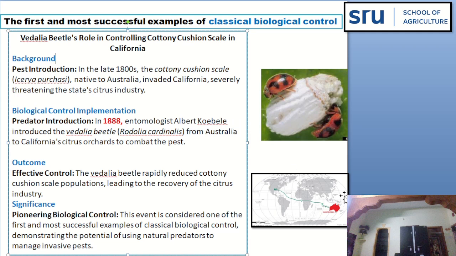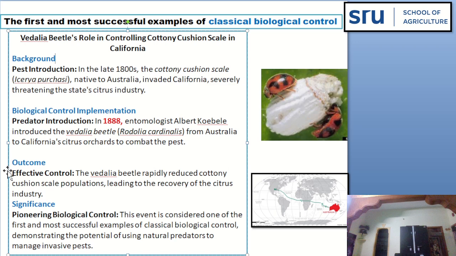Biological control implementation: in 1888, entomologist Albert Koebele introduced the Vedalia beetle. This is the Vedalia beetle, its scientific name is Rodolia cardinalis, from Australia to California. There they were introduced into the citrus orchards to combat this pest.